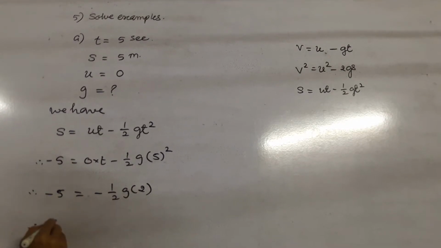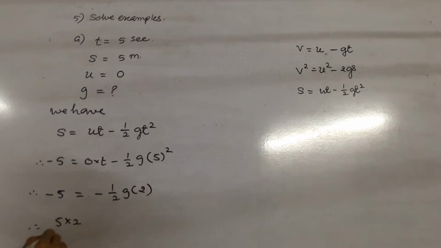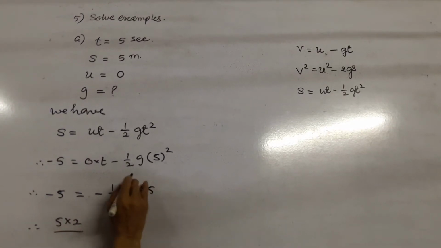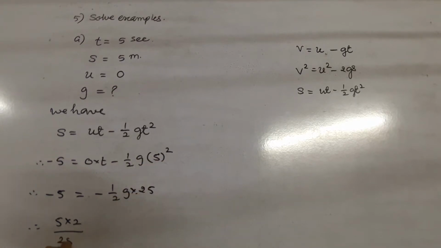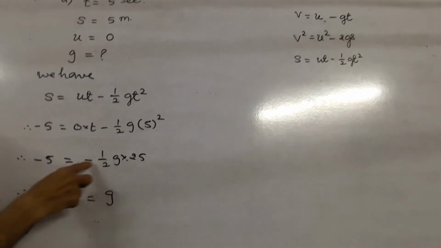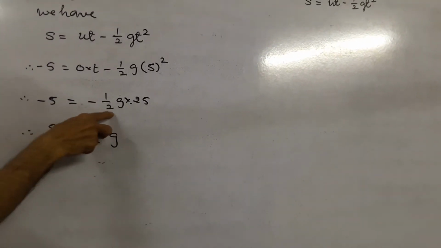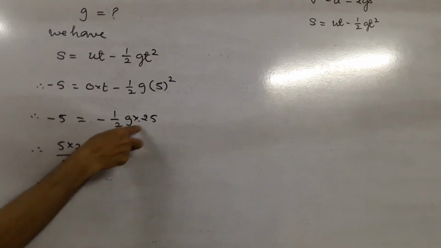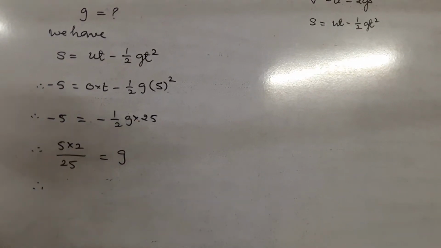Now 2 will come to the numerator, so 5 into 2, and 25 will go to the denominator, and g will come. Once again, minus and minus will become plus. So 5 into 2, and 25 in the denominator, and therefore we get 5 ones are 5 and 5 fives are 25.